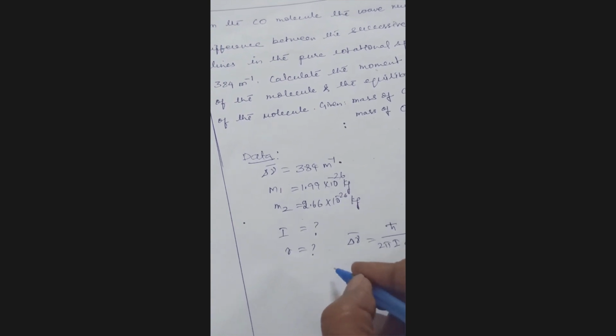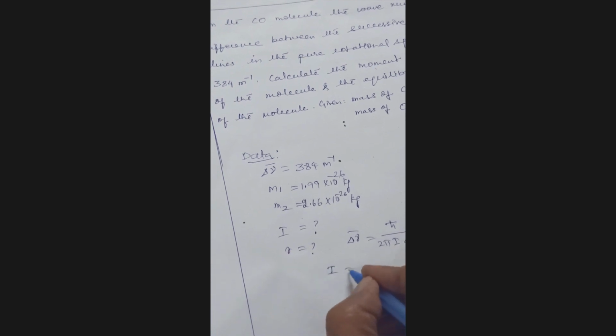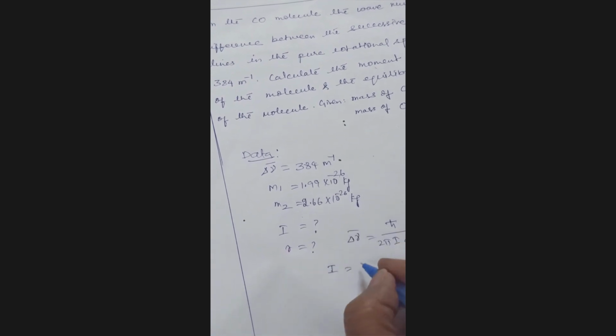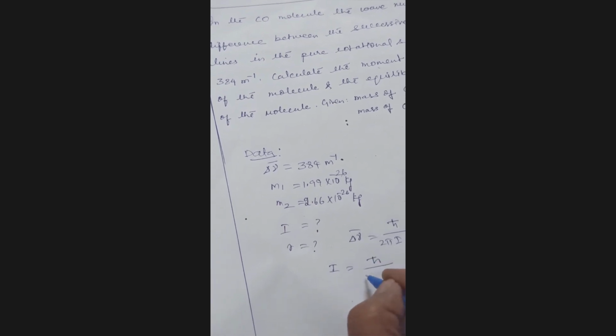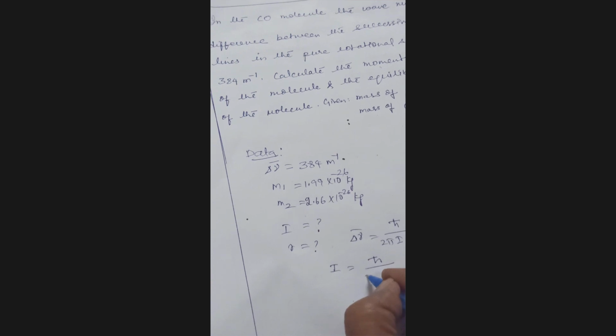Therefore, I is needed, so I will be equal to h cross by 2 pi c delta nu bar. Now here h cross is equal to h by 2 pi.